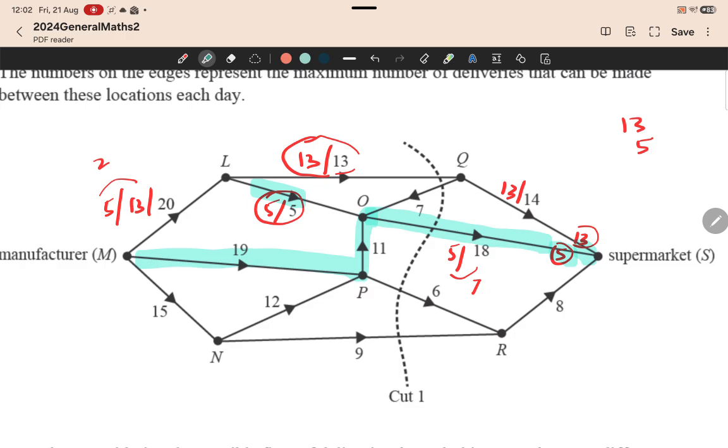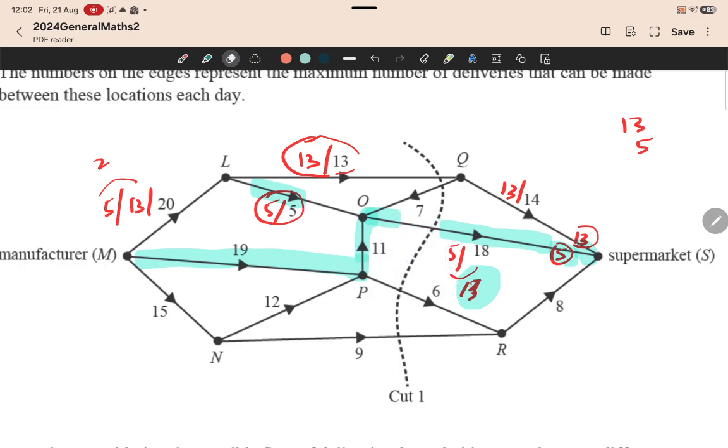Now I can see that 7, okay, more can be accommodated on this particular path, and it is the smallest value along this, but compared to 19, 11 and 7. So I will allow another 7 to go. Sorry, I think the difference is 13. Oh, sorry, the difference here is 13, not 7.